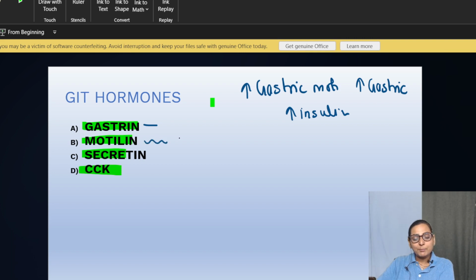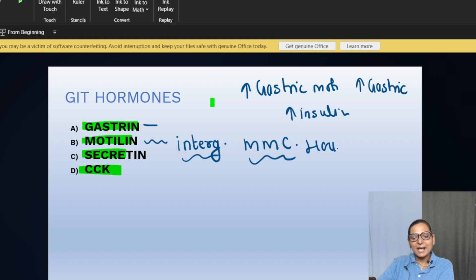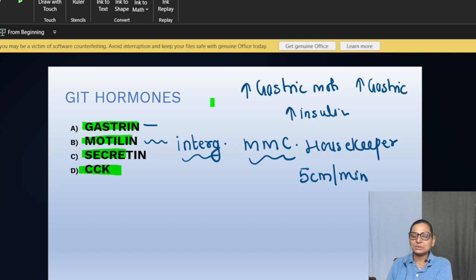Motilin is very important, not for motility, right? Not for the regular GIT motility, but it is important for the interdigestive movements, that is migratory motor complexes, which are also called the housekeeper waves, which move at the speed of around 5 centimeter per minute to sweep out the GIT to prepare it for the next meal.